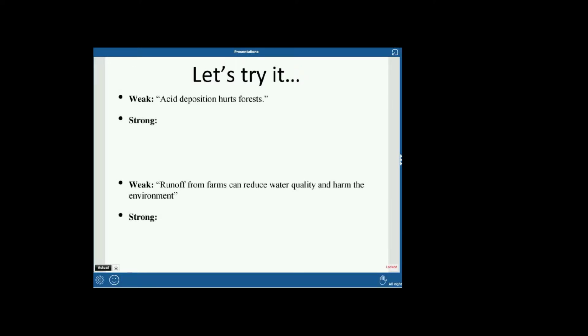So this is the part where, if you guys can help me, that would be great. I actually don't have pre-made answers to these. I just have these weak sentences and then I thought we could come up with them together. I don't want to put y'all on the spot or anything, but how could you make this sentence, acid deposition hurts forests, a little stronger?